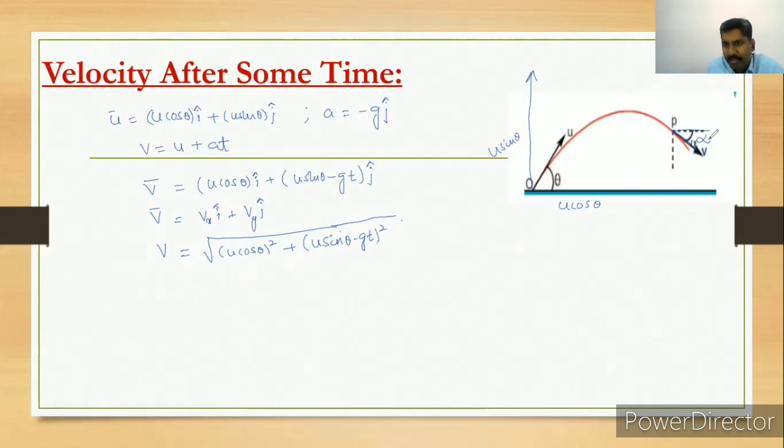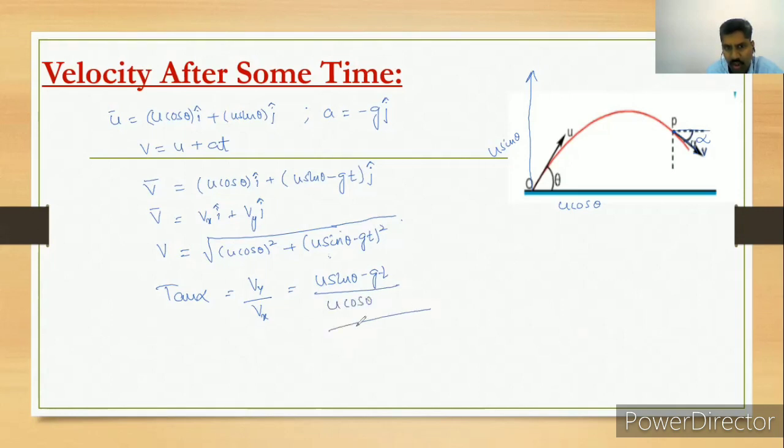Now the angle made by the velocity with the horizontal is alpha. So tan alpha is equal to vertical velocity by horizontal velocity. The vertical velocity is u sin theta minus gt, and the horizontal is u cos theta.